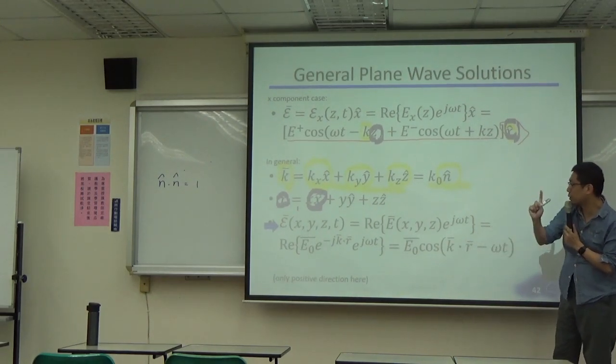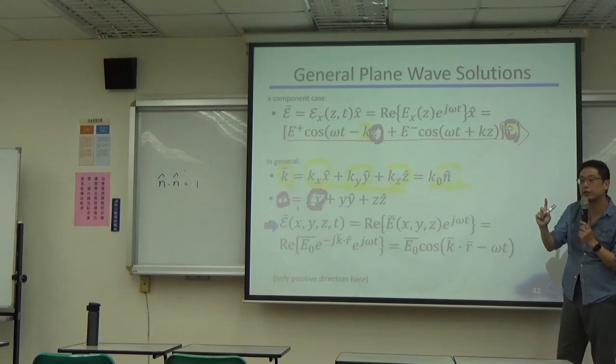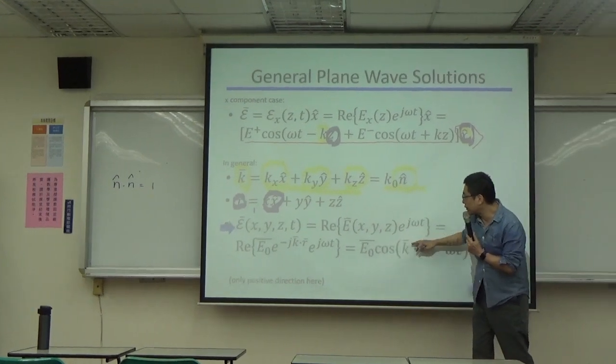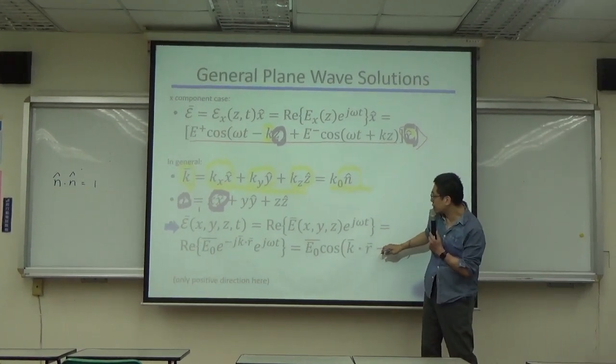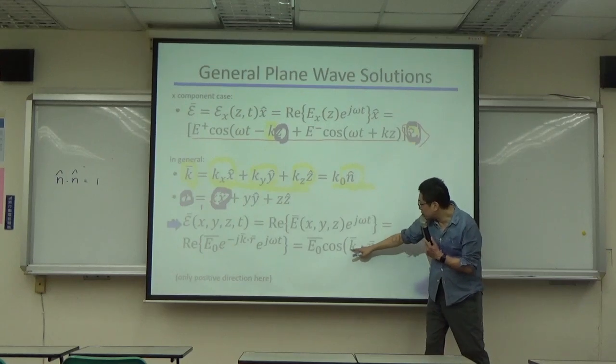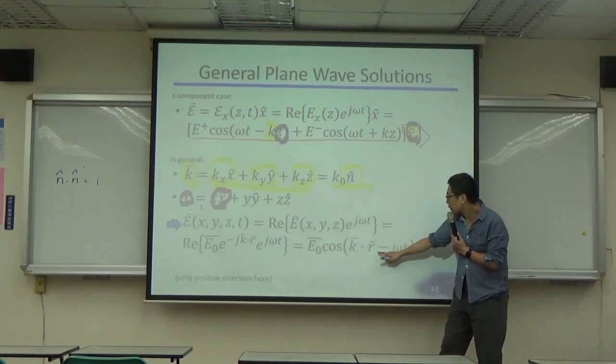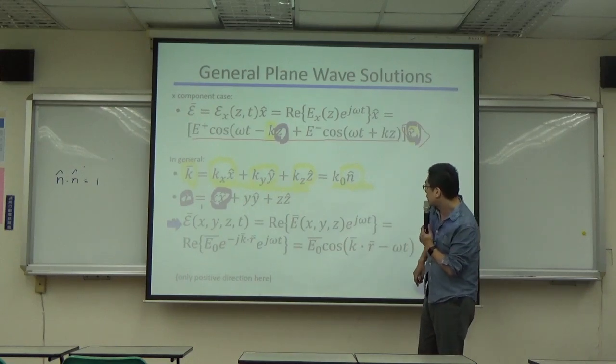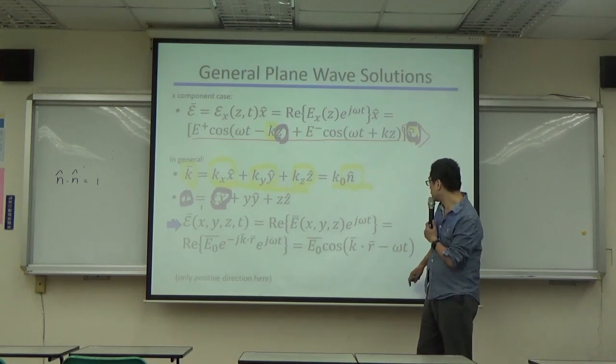Okay, this is only the positive n direction. The wave goes in the positive n direction, then you can write this down, because you multiply this by this, and then your E0 has components in different directions.